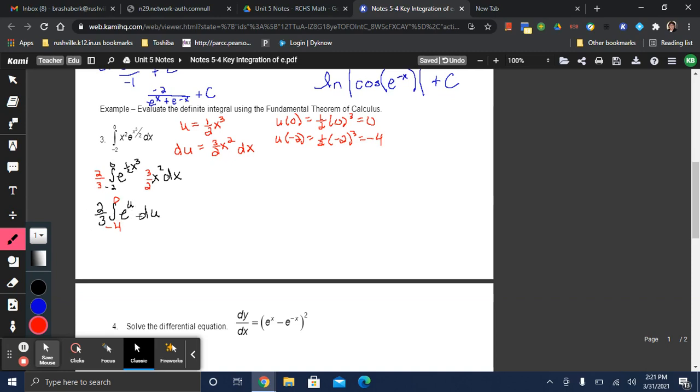So now this is the first one I've shown you that actually integrates e. So we will integrate with e, and that'll be 2/3, and e to the u is its own integral. So I get e to the u, and then this is evaluated on -4 to 0.